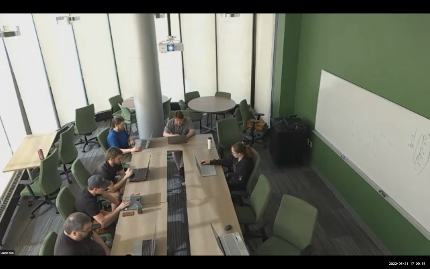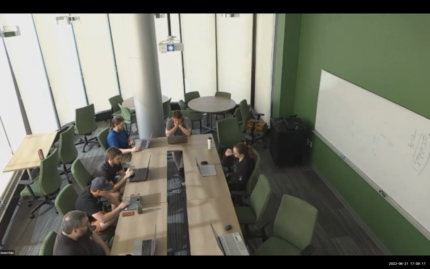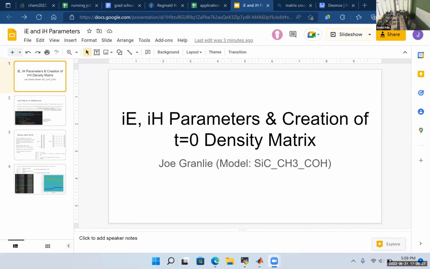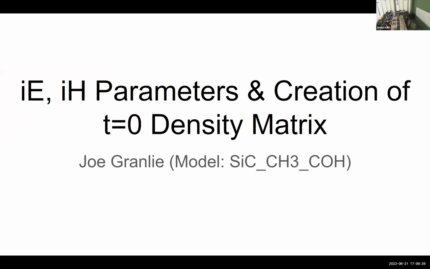Share my screen. All right, so as we've been talking about with this code, we have these IE and IH parameters and this density matrix. That's the whole deal of what we're trying to figure out.